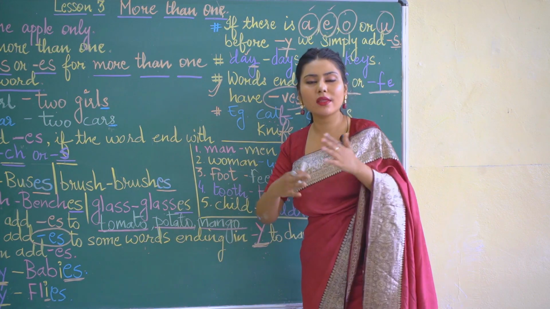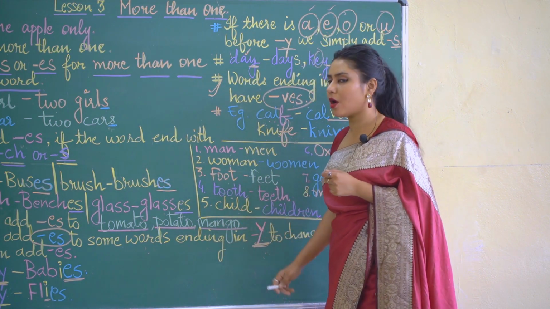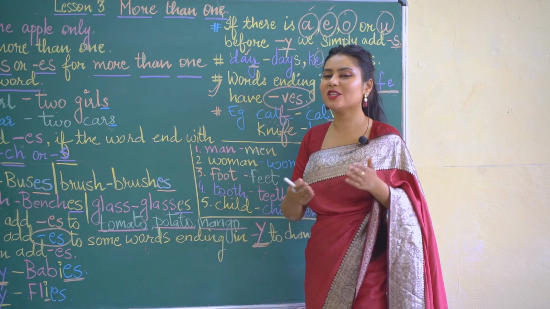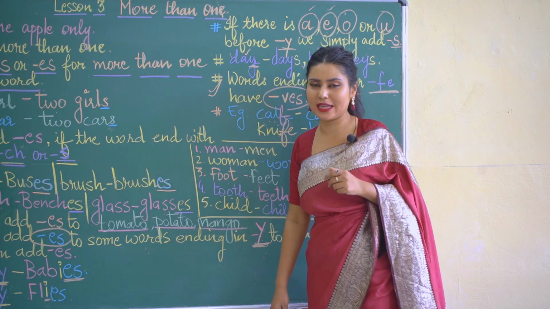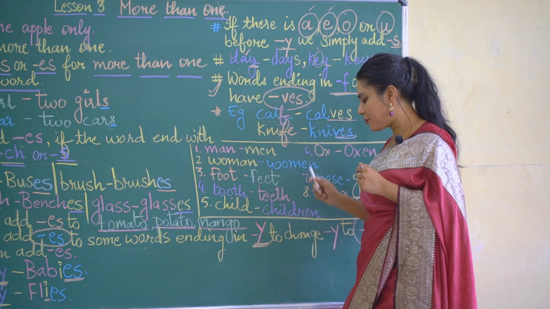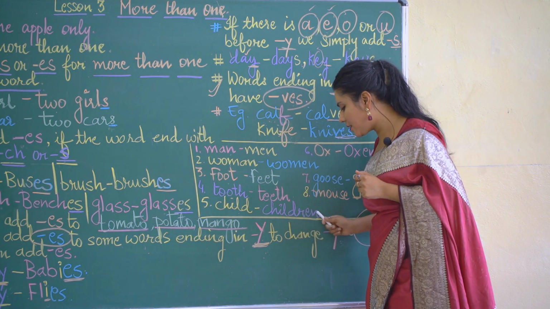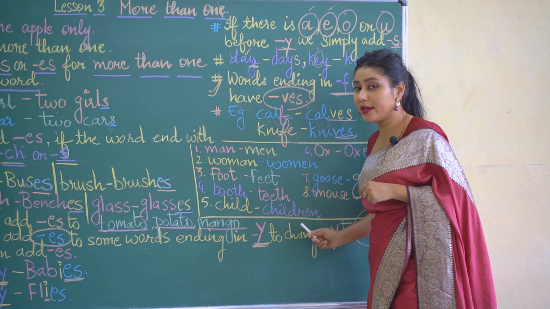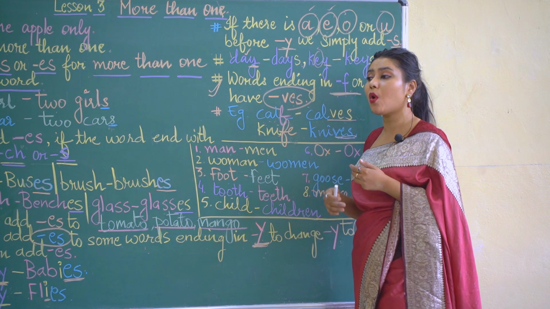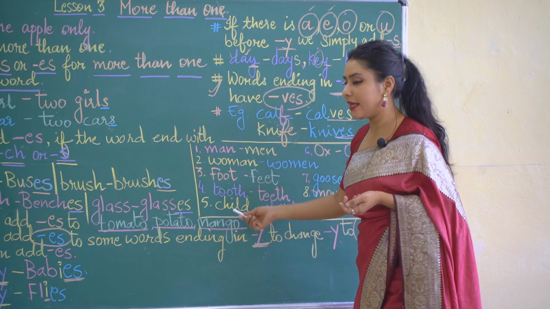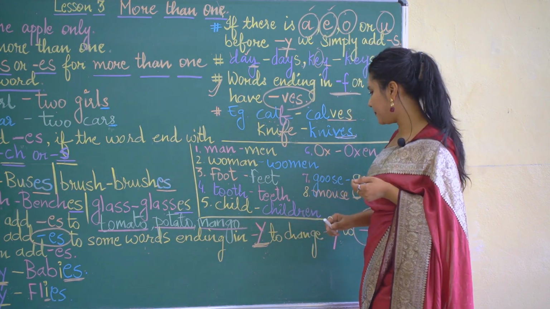But if I have more than one, I will never call them childs. I have so many childs in my class is a wrong statement. Child in its plural form will always be children. No S involved here, no ES involved here, no IES involved here. It's just child to children.